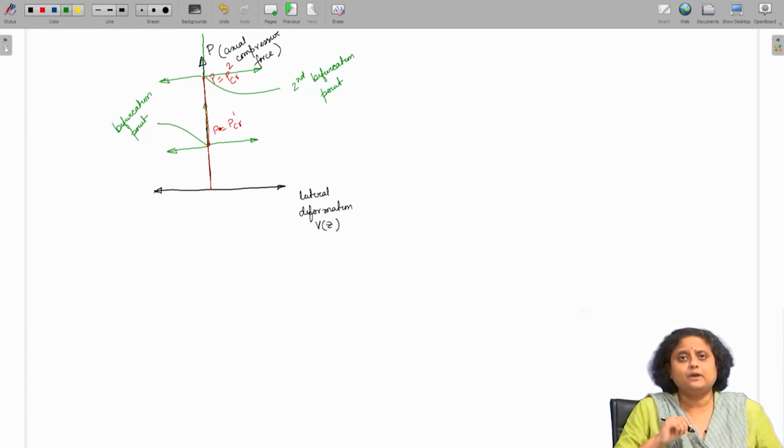Now, when the applied load reaches the P critical, a different situation arises. Then the column can bend in either direction or it cannot bend at all. It can skip that point. And then if we further increase the load, if it deforms, it will just fail.